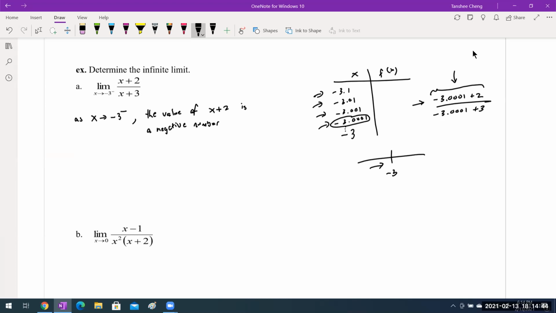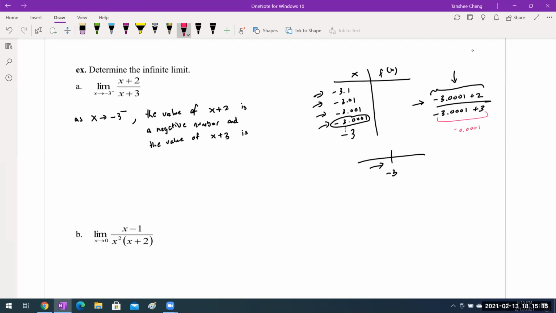And the value of the denominator, which is x plus 3, is the same thing, negative. The value of this denominator part, -3.0001 plus 3, will be what? -0.0001.